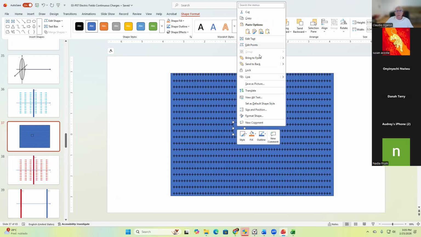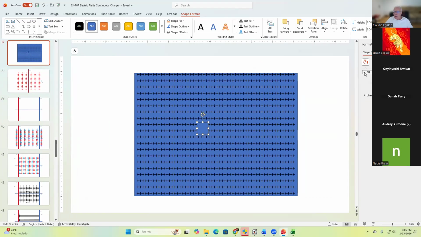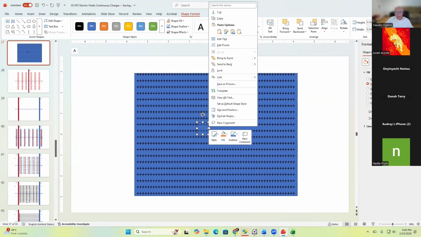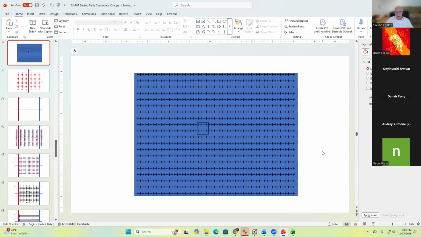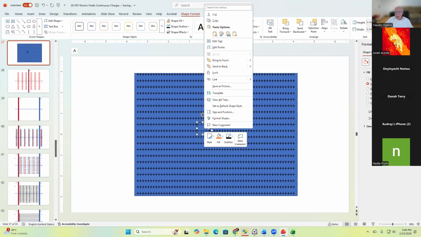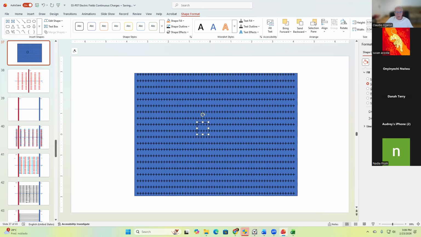I'm trying to remember how to do that. Format shape. Yeah, transparent. Here you go, I'm making my square transparent. If you go ahead and count the number of charges in this square.